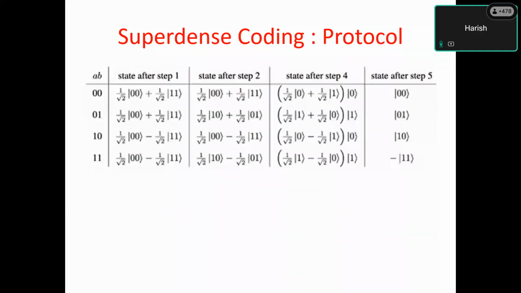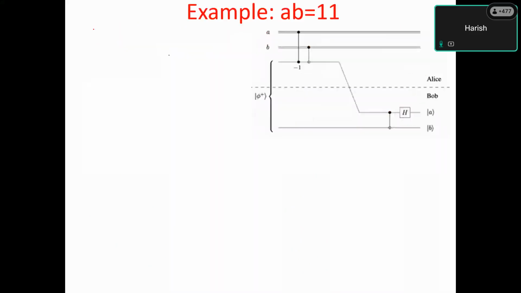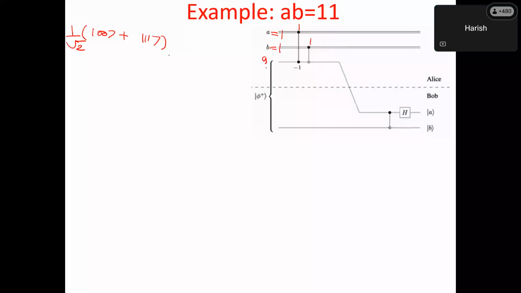So initially we are having this thing, 1 1, and it is 1 by root 2. So since what we wanted to send, what will we apply? X gate, Z gate.